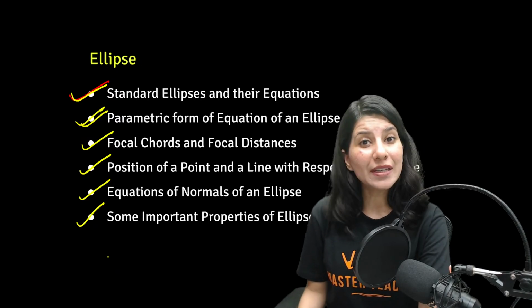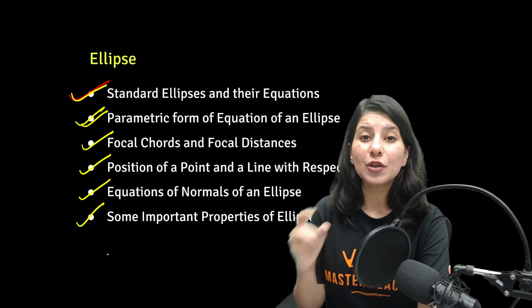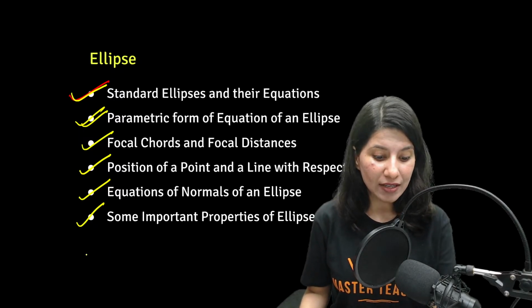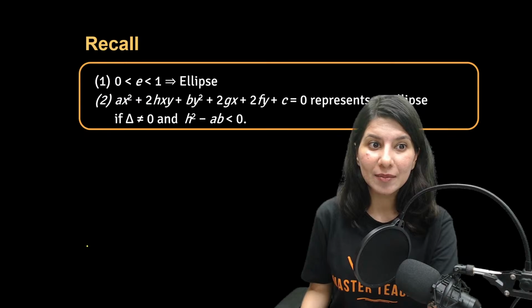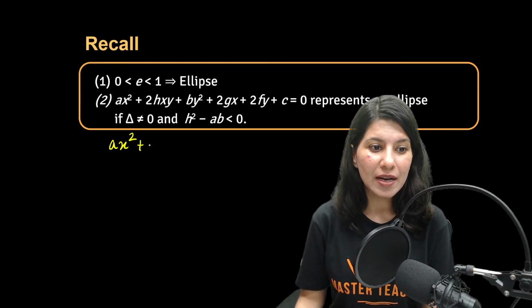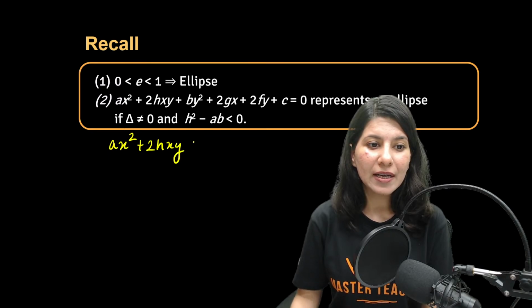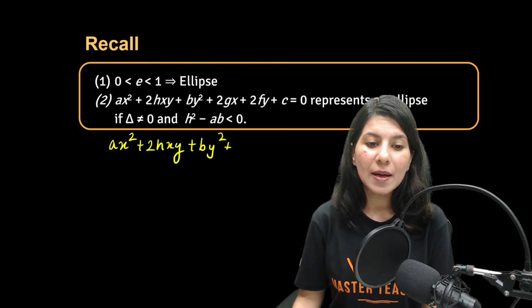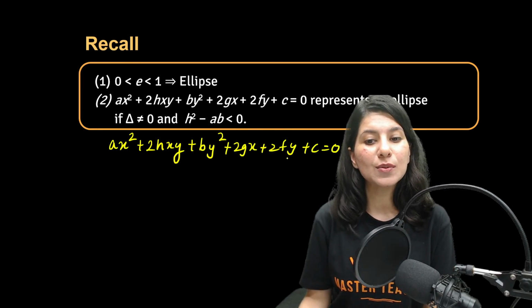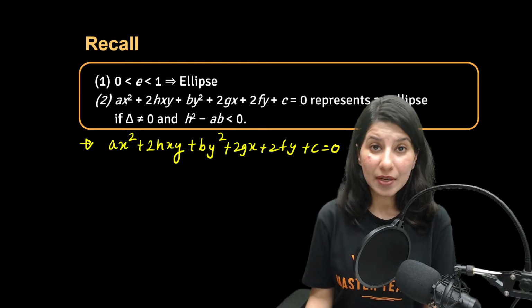Okay. So in the previous lecture of parabola, remember we were talking about the general second degree equation. What is that general second degree equation? Can anybody tell me? So this, ax square, let me just write it again. Ax square plus 2hxy plus by square plus 2gx plus 2fy plus c equals to 0. This thing represents what?